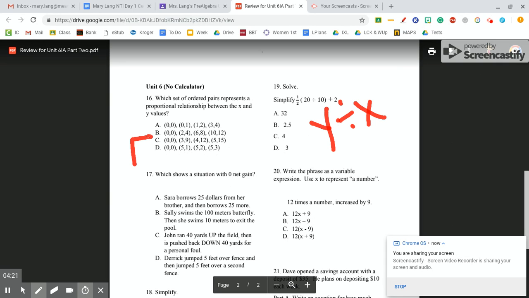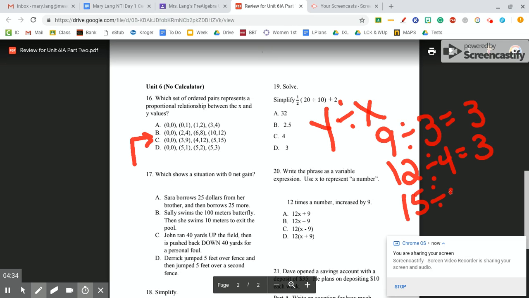Just looking at them, if I choose C and I do 9 divided by 3, I would get 3. If I do 12 divided by 4, I would get 3. And if I did 15 divided by 5, I would get 3. So since they all get the same number, and we know that 0, 0 is proportional no matter what, that means my answer for that one's going to be C.